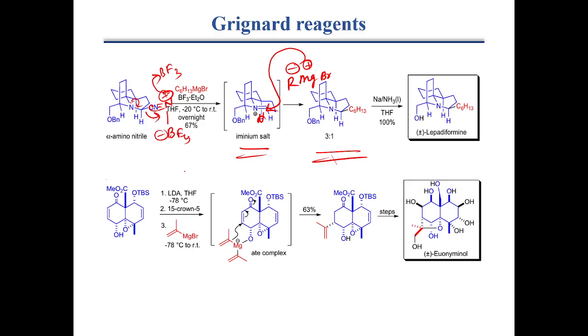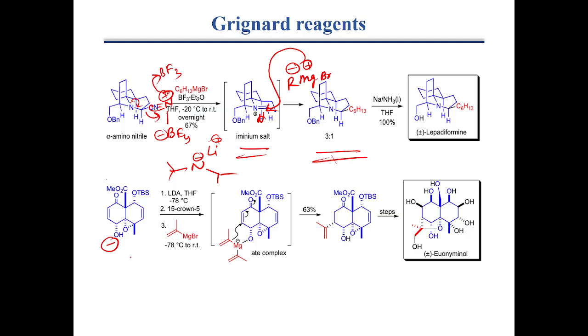So what is LDA? LDA is lithium diisopropylamide, N minus Li plus, diisopropyl amide. It can act as a base. So it first abstracts this OH proton and forms this phenoxide, O minus.